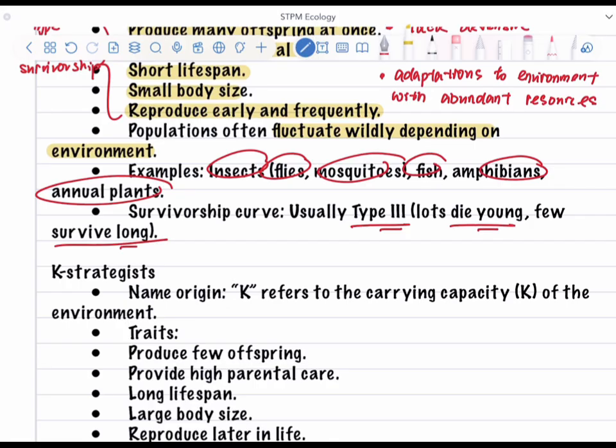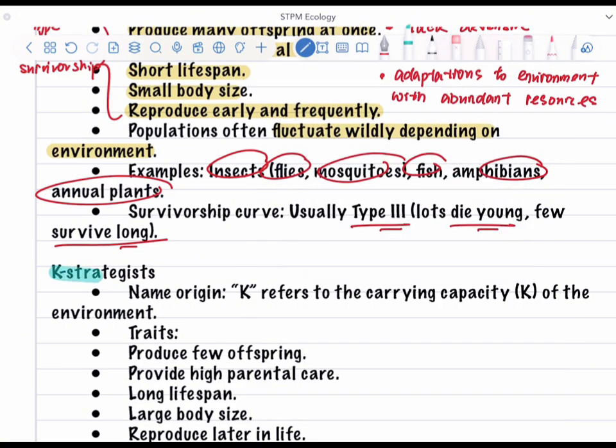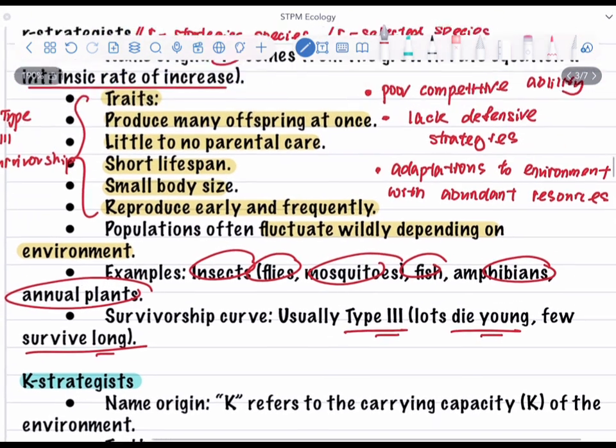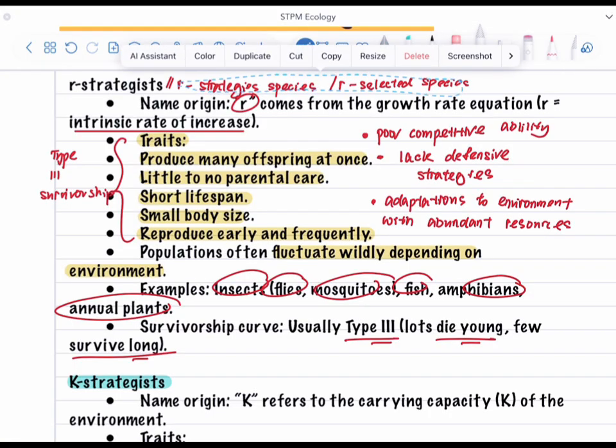Next, I'm going to introduce you to the K strategies. The same goes for K strategies, which can also have other names, just like these.